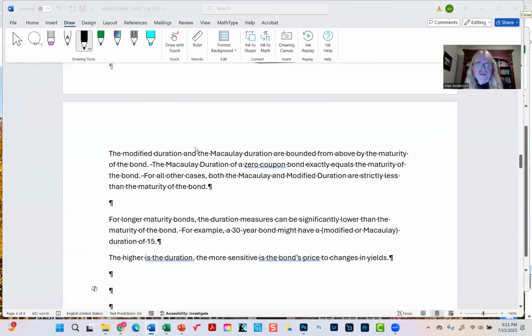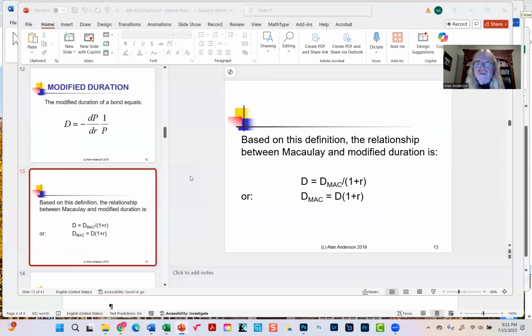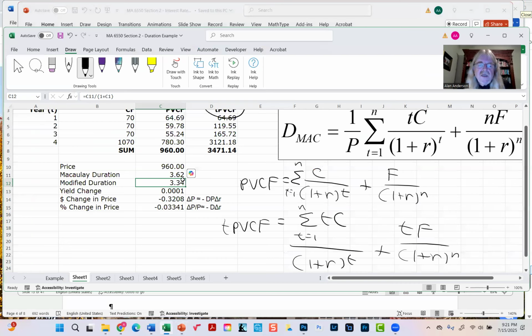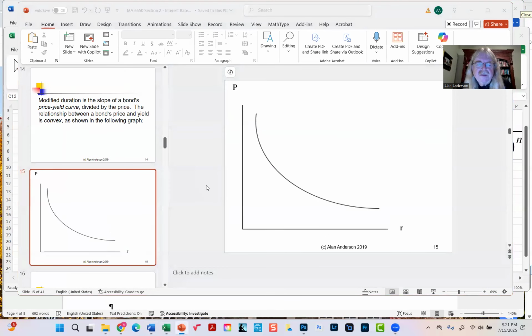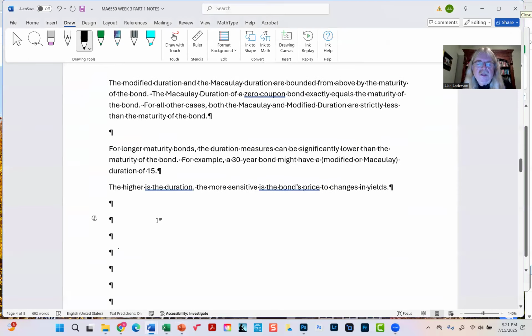Okay. Now, in the spreadsheet, what we did here was say, well, listen, what happens if there's a yield change? Now, if you remember, we once before discussed this. There's a measure of interest rates that is used very heavily in the financial sector, which is called basis points.